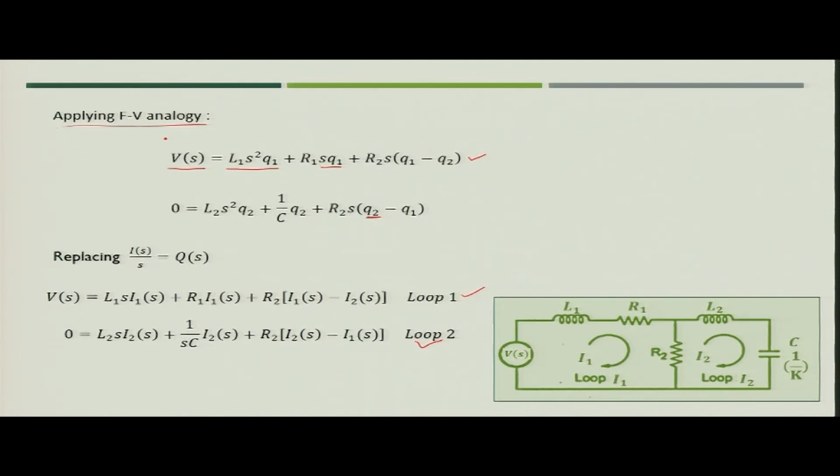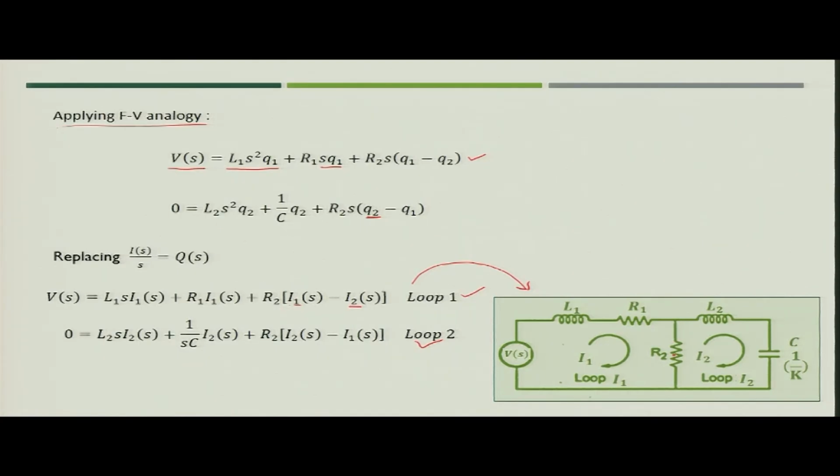We have used force-voltage analogy, so we finally have two loop equations. Now, if you convert these two equations into an equivalent electrical circuit, you can write Vs over here, then in series you will have L1. Current I1 will be flowing in this loop. From this you can easily confirm that L1 and R1 are in series. Then R2 will be common in both of the loops, that is why I1 and I2 both are coming.